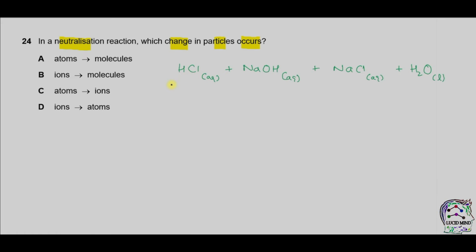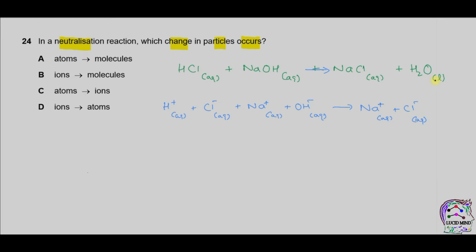In aqueous form, we can make ions. For example, in HCl aqueous, it will be H positive ion reacting with Cl negative ion. Again, in sodium hydroxide aqueous, it will be sodium ion reacting with hydroxide ion. Similarly, the ions of sodium chloride will be Na positive and Cl negative.